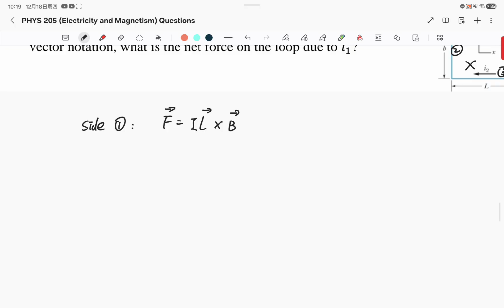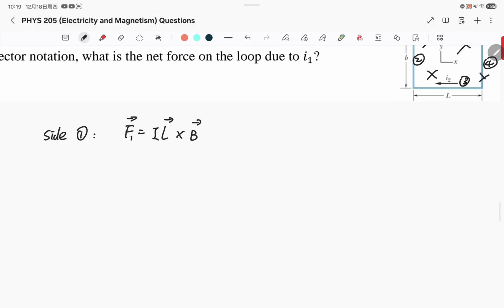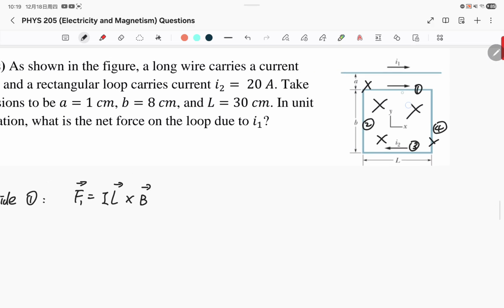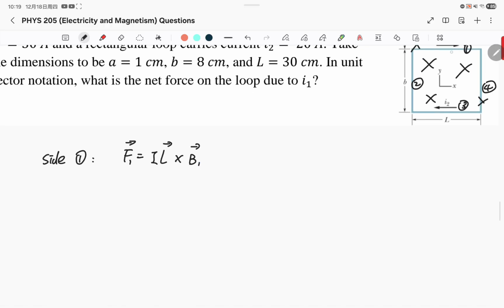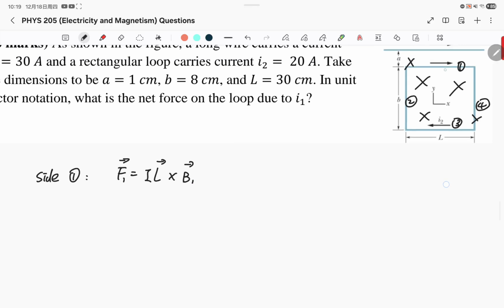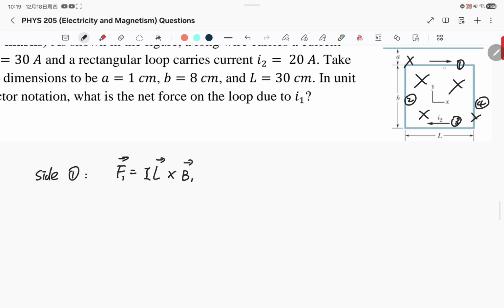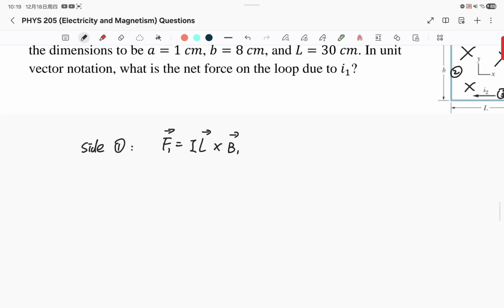Since this is due to I1, I'm going to call it force 1. What is IL and B? B is caused by the other current, I1, so this is B1. And I is the current flowing in its own wire, so that's I2.